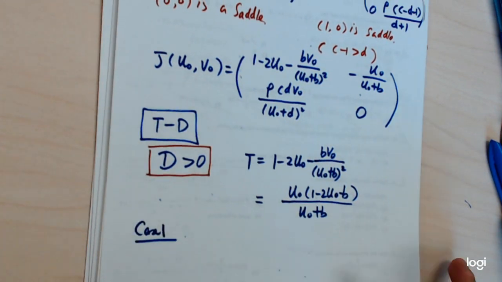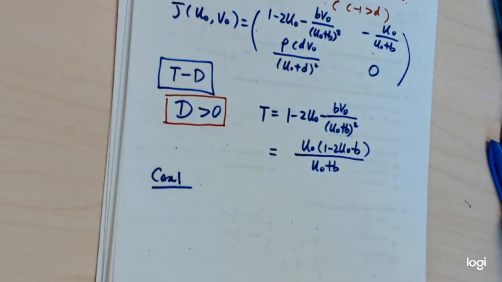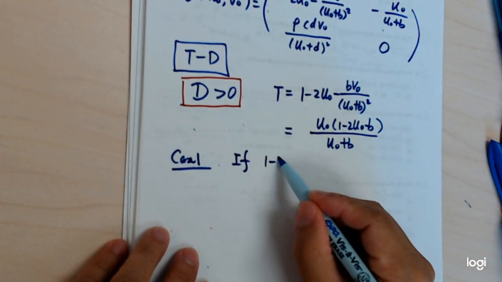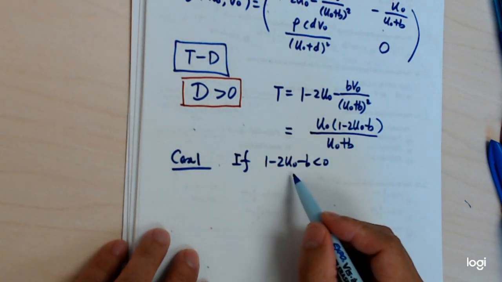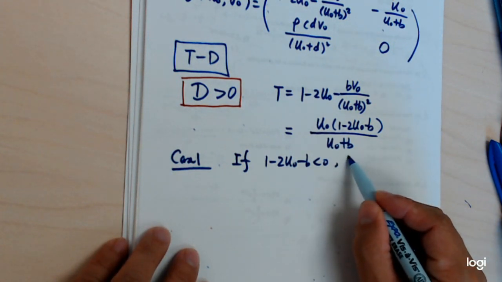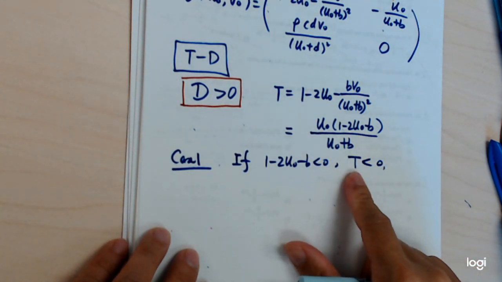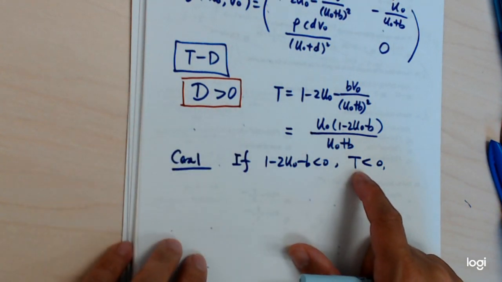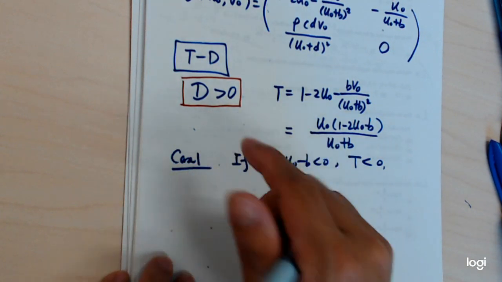So now I can talk about different cases. If this term is negative, so once again you can plug in the u naught. There's a formula for u naught, remember, that has different parameters in there. You can plug that in if you want. Then t is negative. So look up the plane which connects t and d that tells the behavior of the equilibrium. T negative, d positive.